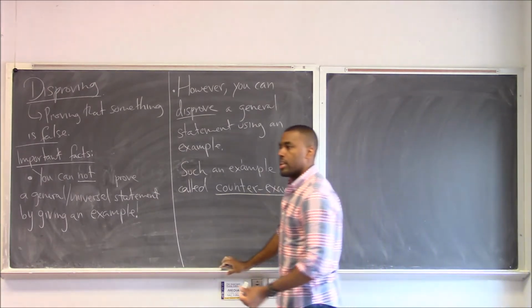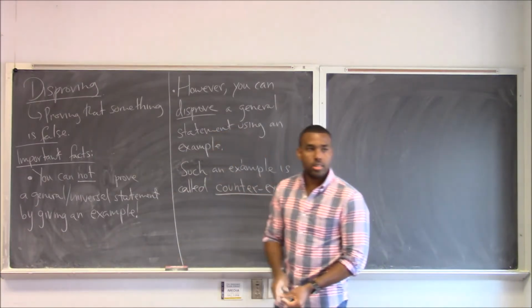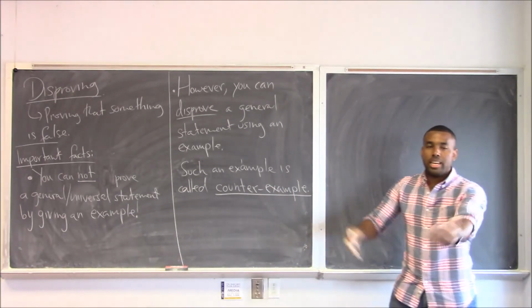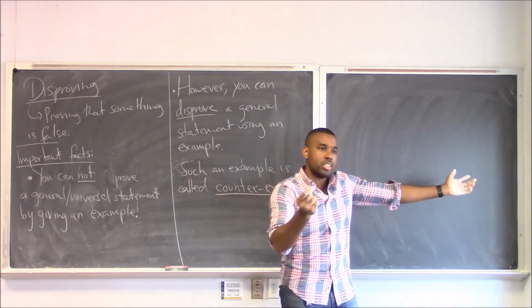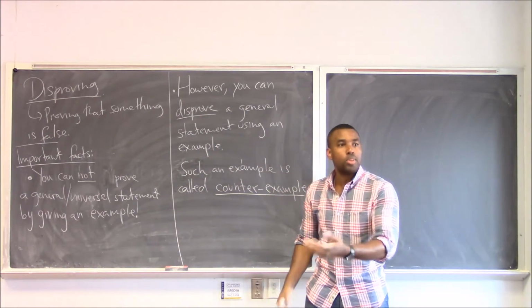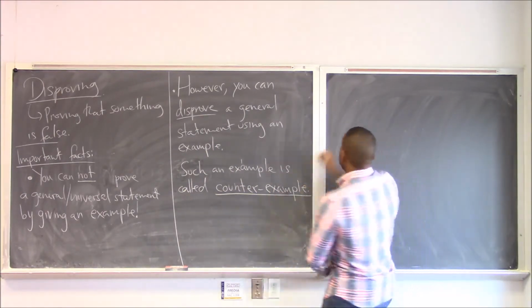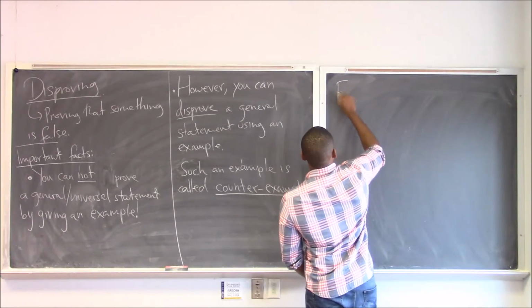There's only one case really where you can use an example to prove a general claim. And that's if the claim is about the existence of something, right? So if there's a general claim that says somewhere in all the real numbers there's a real number that does this thing, if you can find that example, you've proven that claim is true, right?